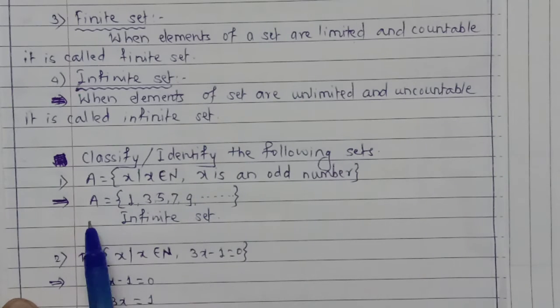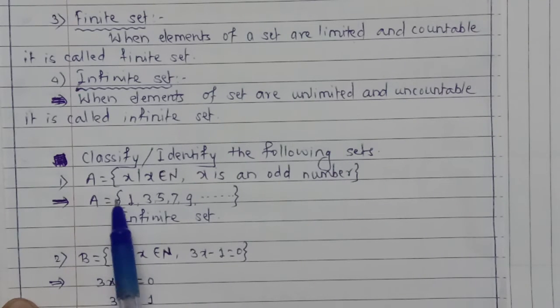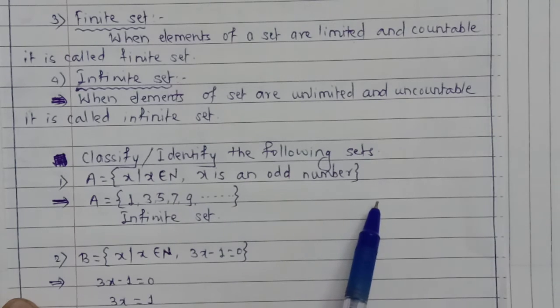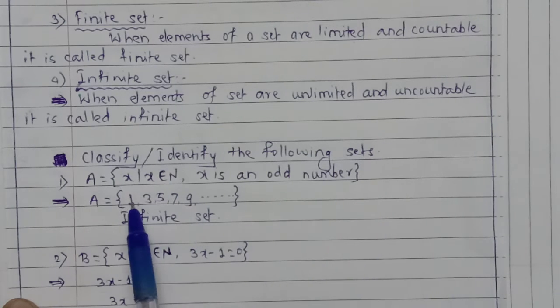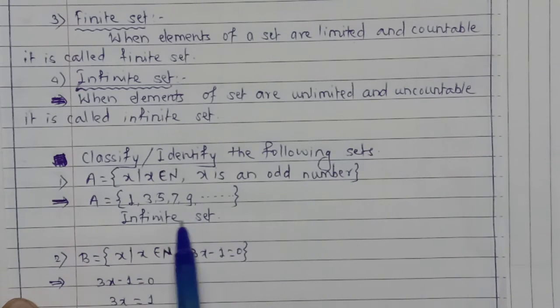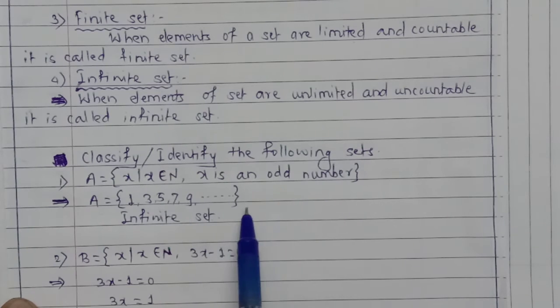Suppose we write it by the listing method, this would be the list: A equals 1, 3, 5, 7, 9, 11 and so on, meaning the elements of this set are uncountable, so that's why this is an infinite set. In the same way, the set of natural numbers is also an infinite set. Set of whole numbers, infinite set. Set of integers, this is also an infinite set.